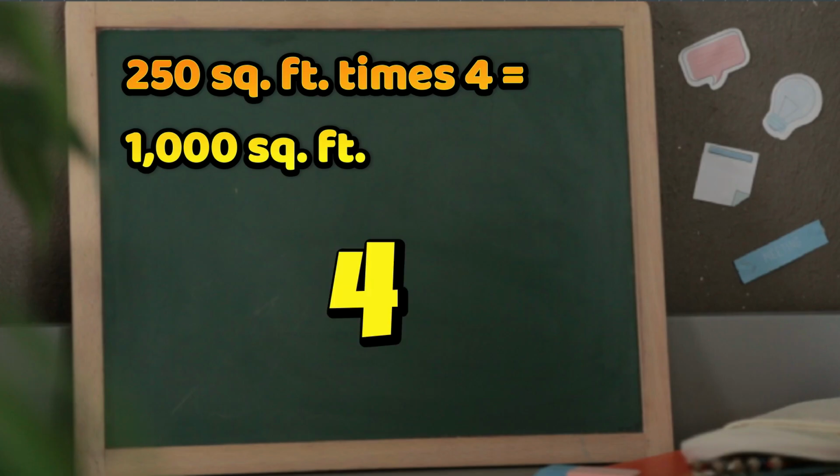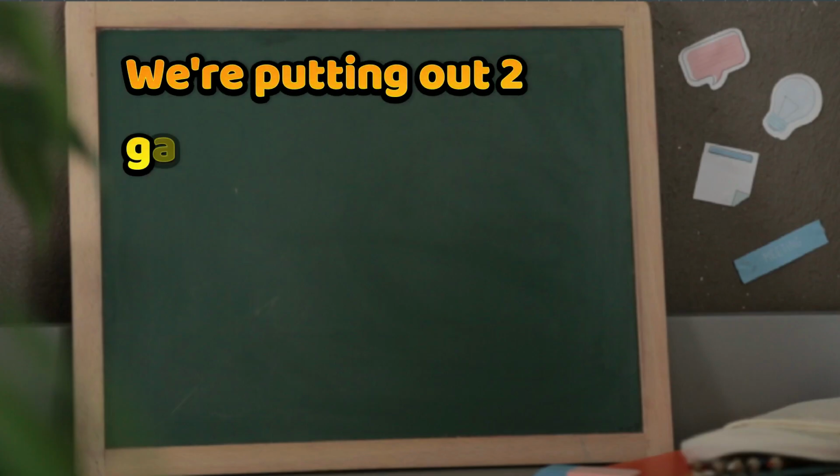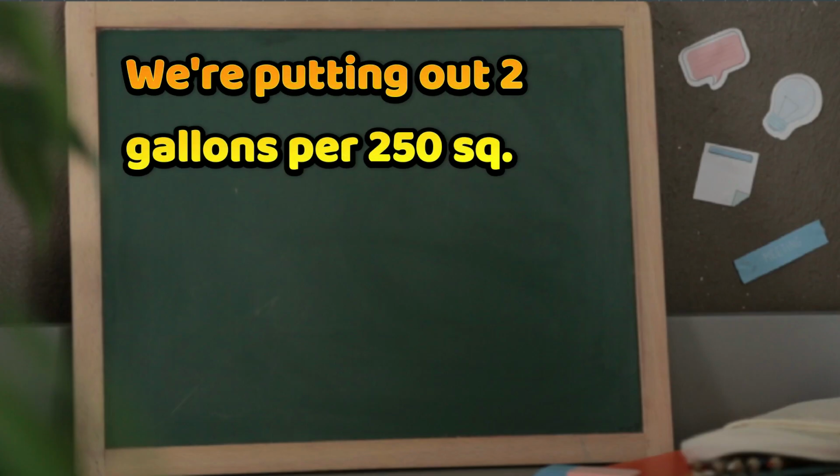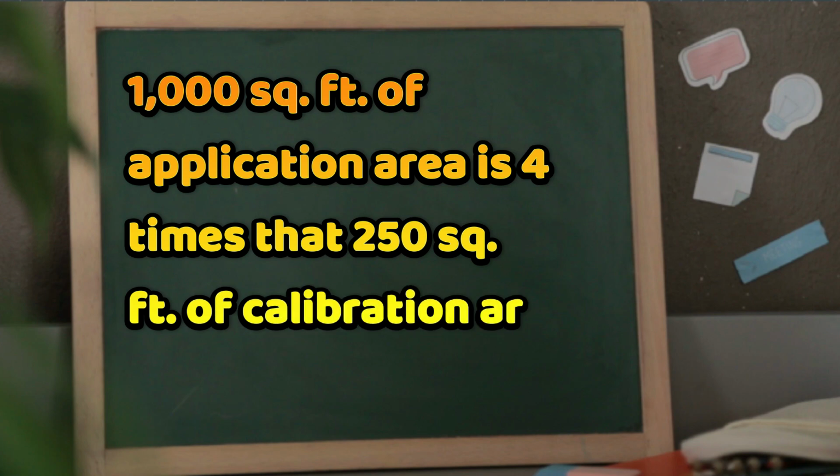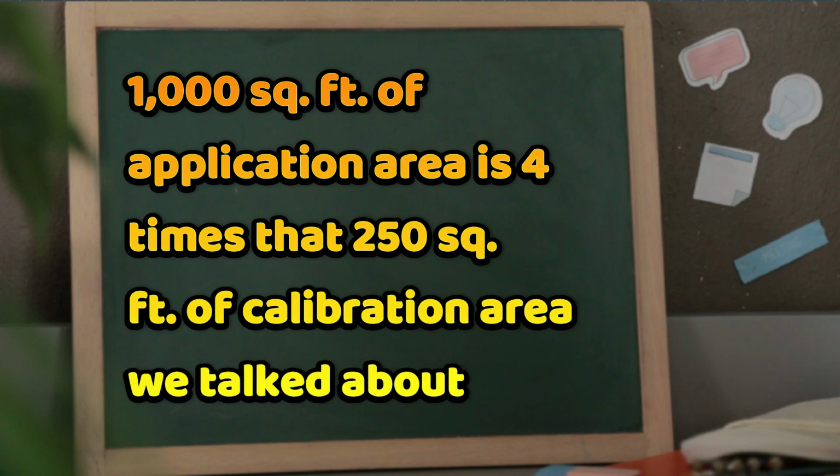So you need to remember the number 4 because that's going to be useful in understanding the total number of gallons we need. As we talked about before, we're putting out 2 gallons per 250 square feet. Now we understand 1,000 square feet of application area is 4 times that 250 square feet of calibration area we talked about.